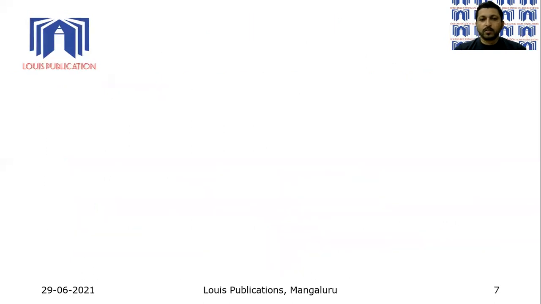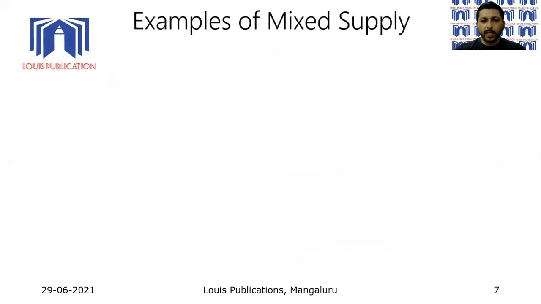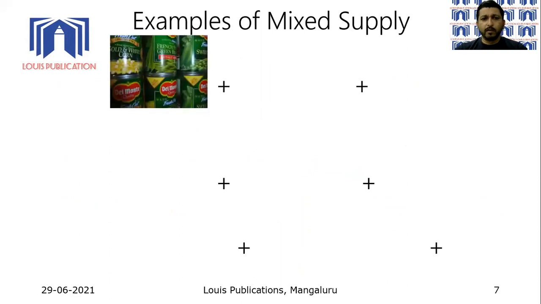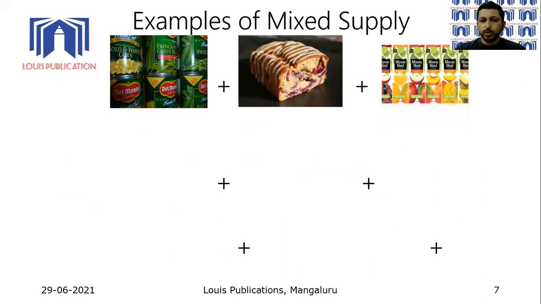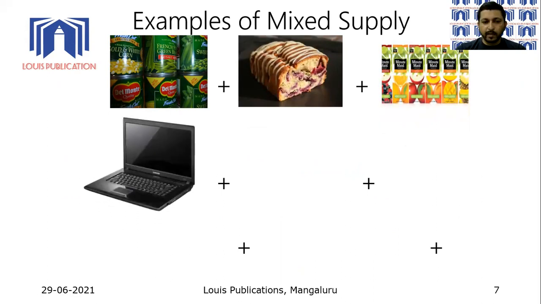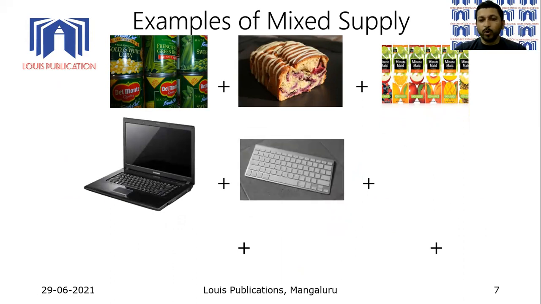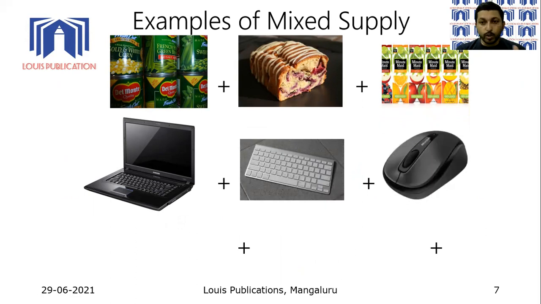That's all. So let's look at a few examples of mixed supply. Here we have canned foods, cake, and fruit juices put together, just the example I had taken. Now, if the business is supplying a laptop along with a keyboard and a mouse, usually the keyboard and mouse are a pack with the laptop itself.